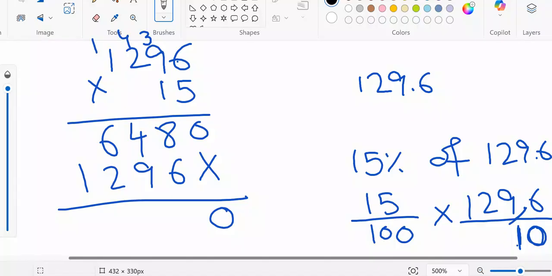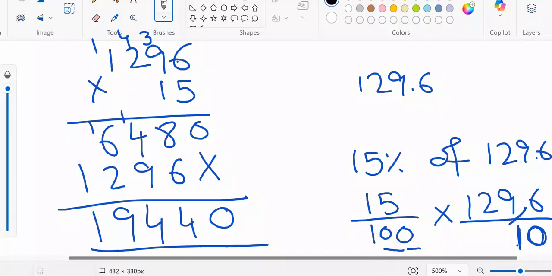It's 16, 8, 8, 12, 13, 14, 9, 14, 6, 7, 8, 9, and 1. Okay, so after multiplying, we got 19,440.